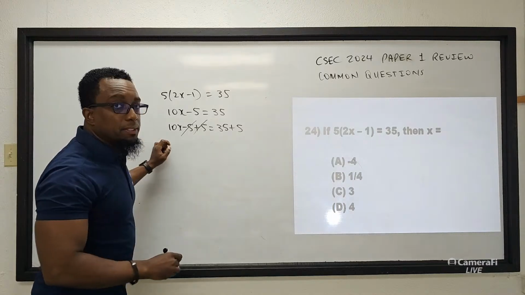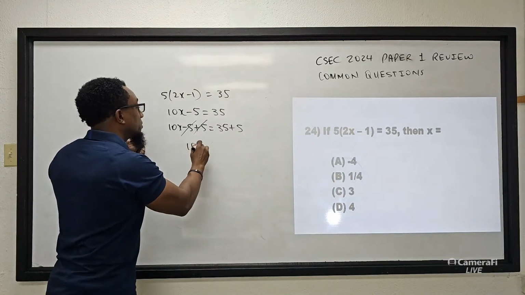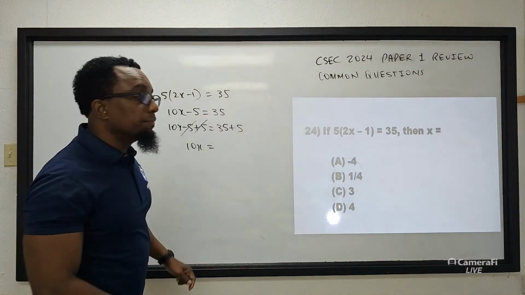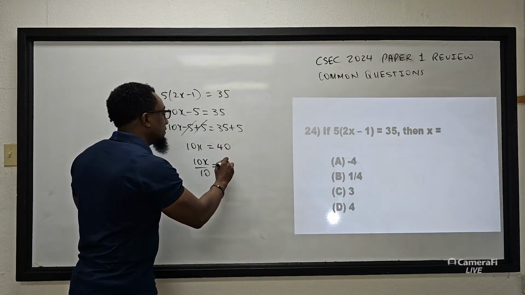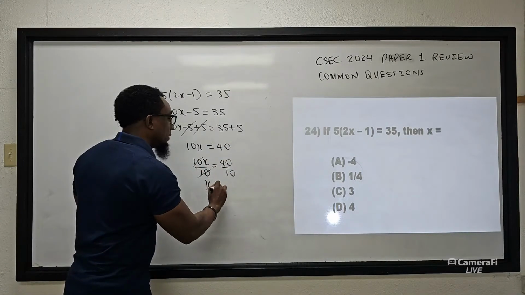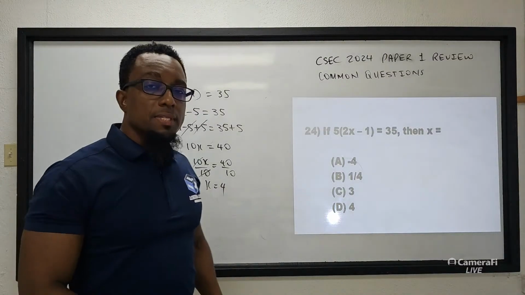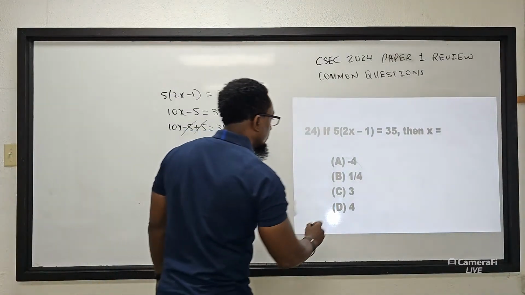So negative 5 plus 5 will leave me with 10x on the left. 35 plus 5 will give me 40. And I divide both sides by 10. X will be equal to 4, whose answer for 24 is D.